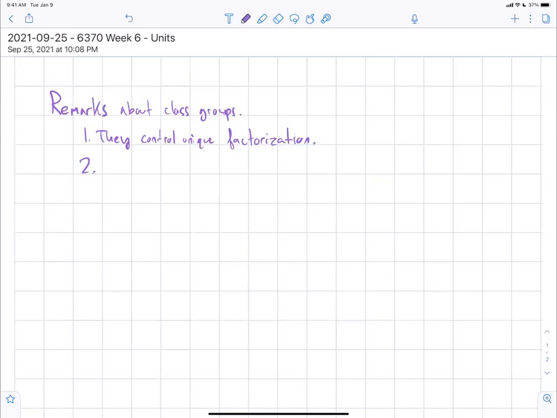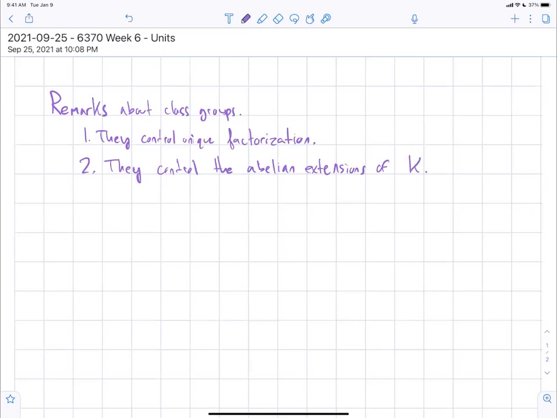Maybe I've alluded to it once or twice, but the other thing they do is they control the abelian extensions of K. So the class group of K controls the abelian extensions of K. Well, that's not quite true.